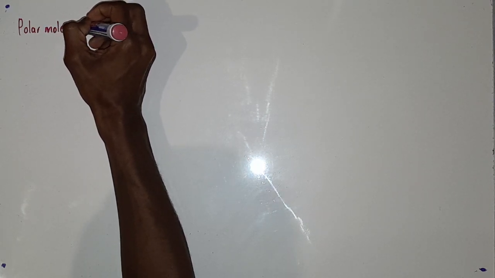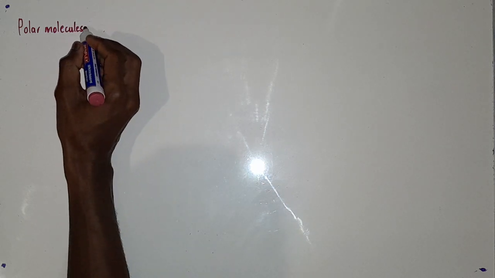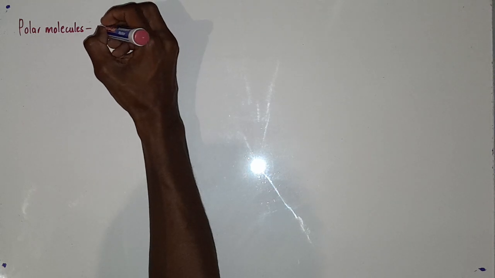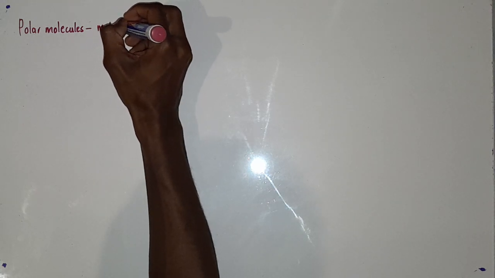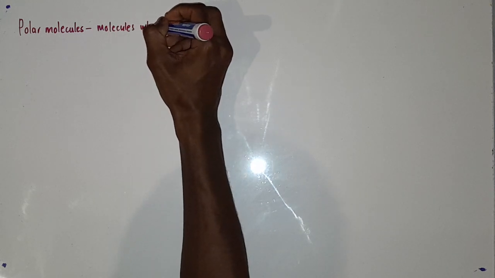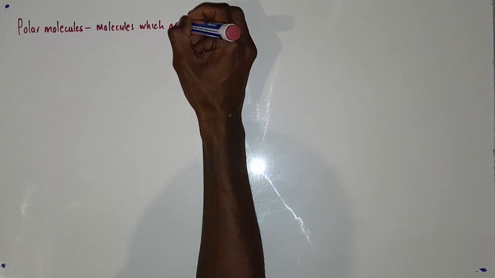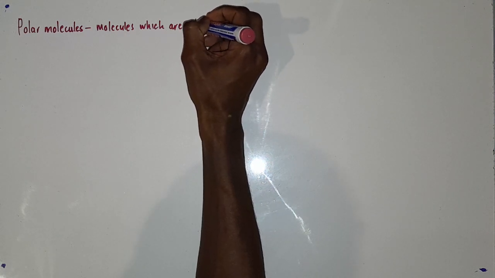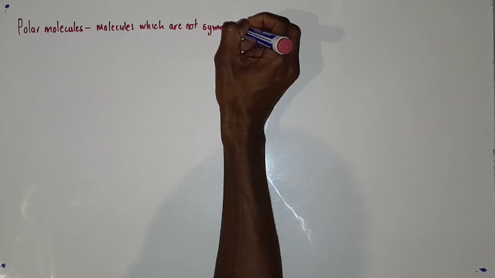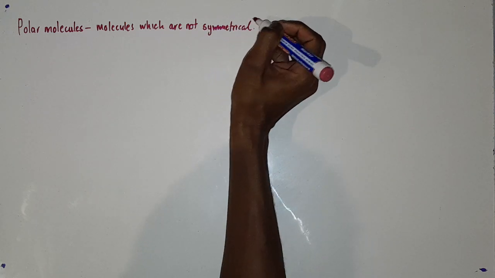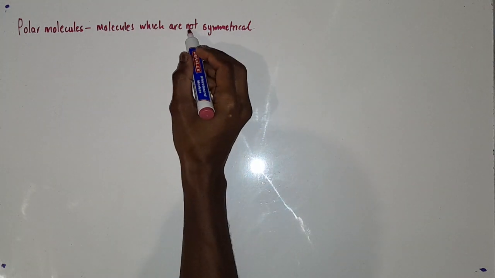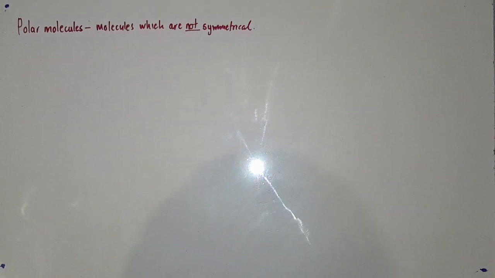What are those? Polar molecules are those molecules which are not symmetrical. Do you understand? Those molecules which are not symmetrical.